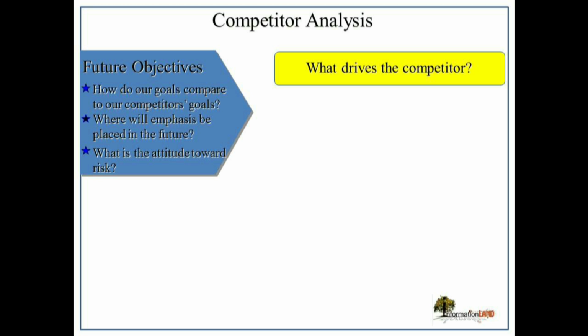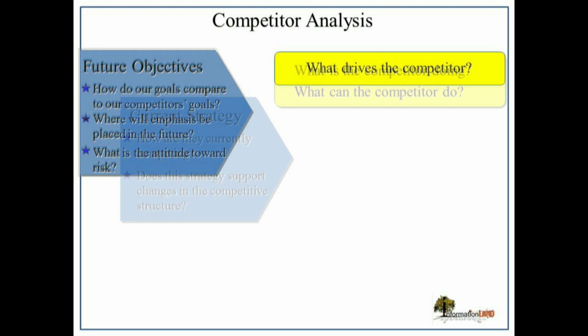You want to know how their goals compare with your goals. Where within your competitors will the emphasis be placed in the future? And what is the attitude towards risk? Are they risk avoiding? Are they risk taking? What sort of risks are they taking? These are the future objectives.